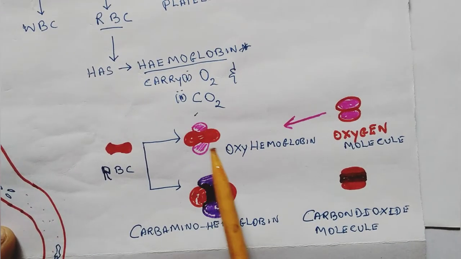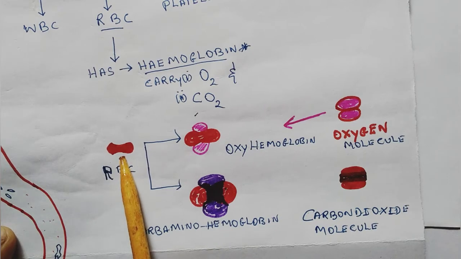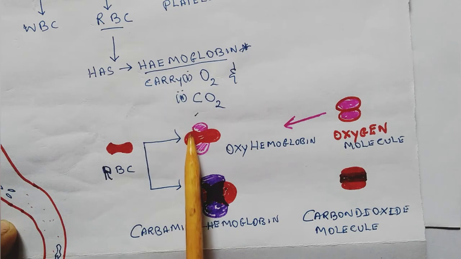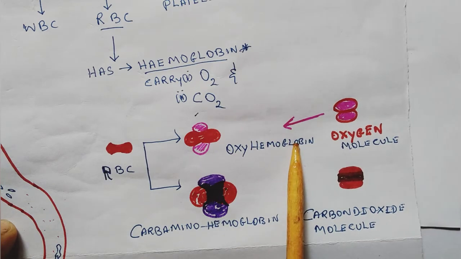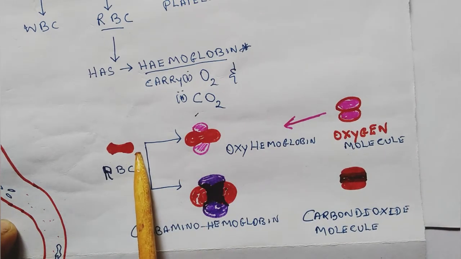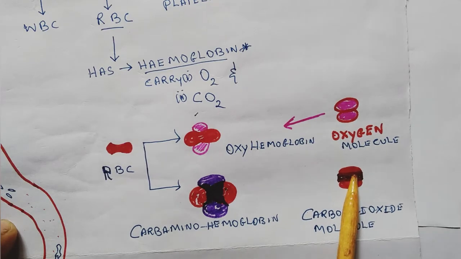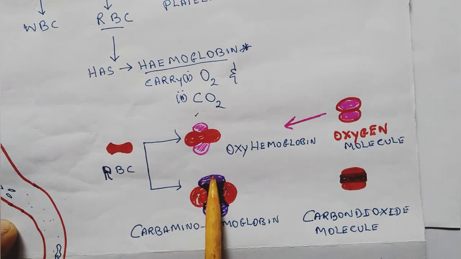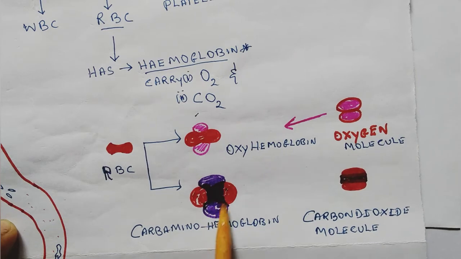Now when RBC carries oxygen, it carries oxygen this way. It puts one oxygen up and one oxygen down, and this particular shape is called oxyhemoglobin. And when RBC carries carbon dioxide, it will make a shape which is like this, dark. Here also not bright in color, it's dark in color, there also dark in color. And this particular shape that is made by RBC and carbon dioxide molecule is called carbaminohemoglobin.